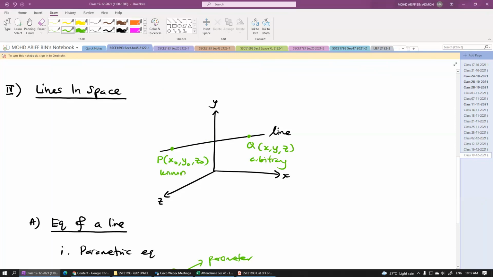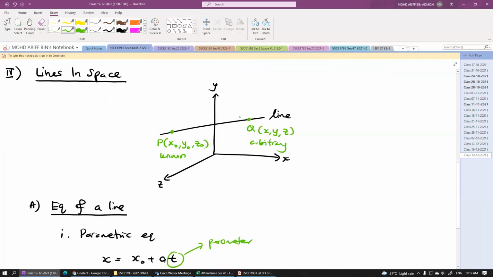And the second thing is, we need to determine any parallel vector to this line. It doesn't matter where your parallel vector is located. Let's say this is our vector u1, or maybe quite far here, this is u2, maybe down here u3, or on this line itself u4.